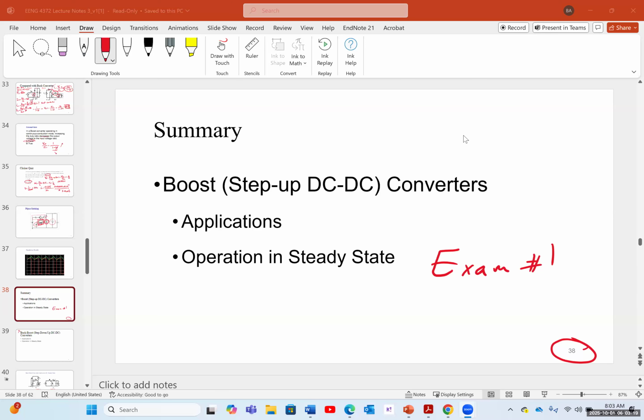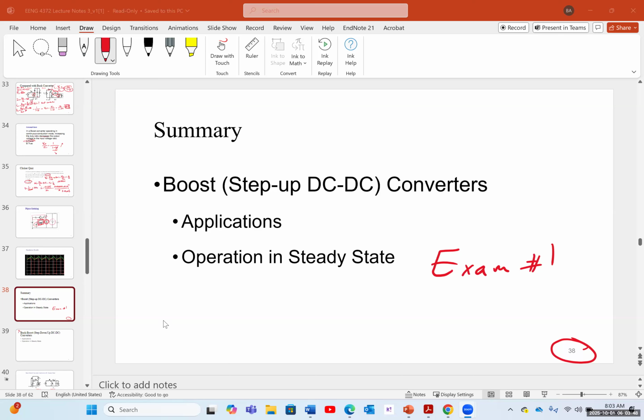In the previous class, we finished buck and boost converters. Today, we're going to have a review session of the upcoming exam. Before I start with the review session, I just want to let you know that exam number 1 is up to slide number 38.